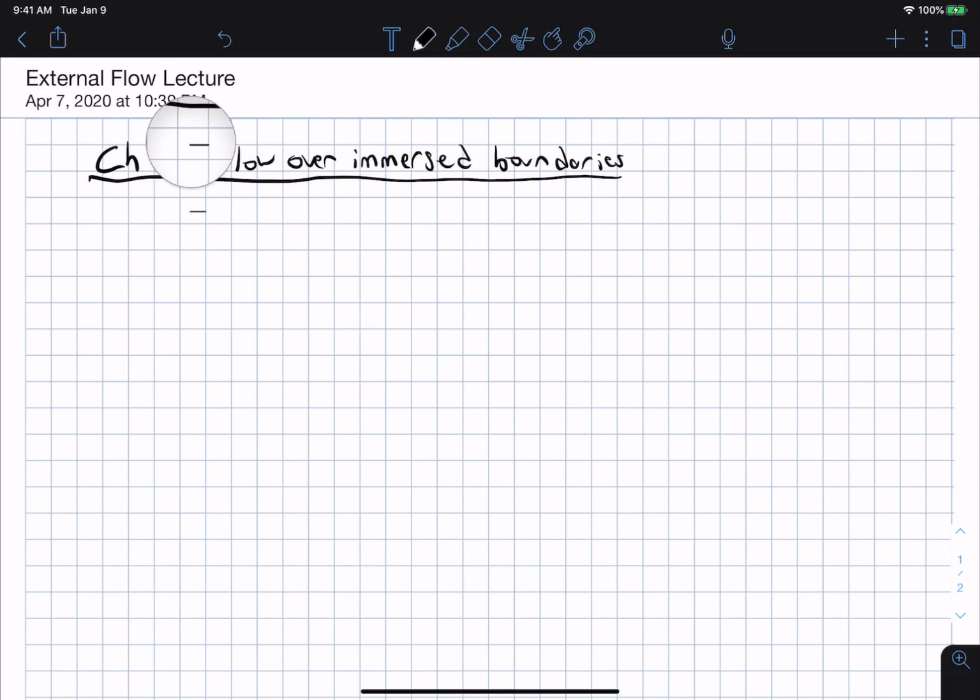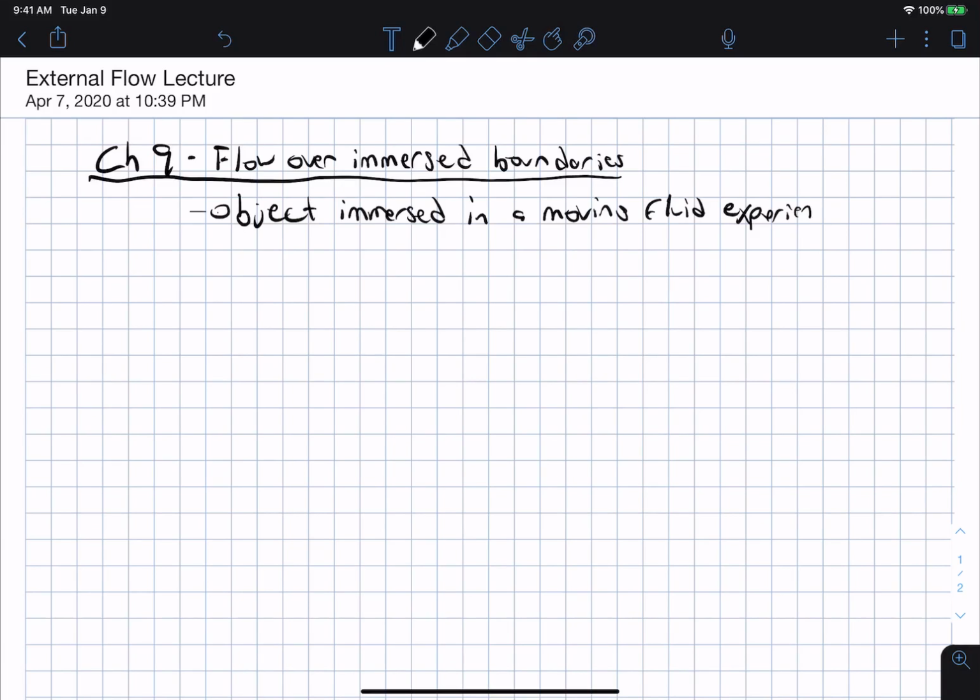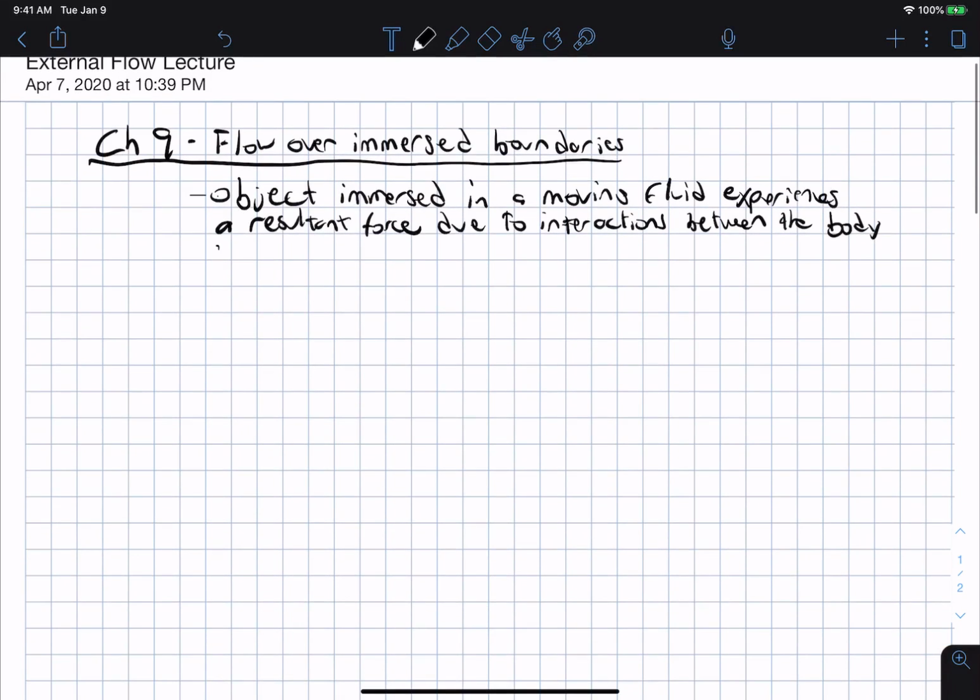But flow over an immersed boundary means that you have an object immersed in a moving fluid, which experiences a resultant force due to interactions between the body and the surrounding fluid.